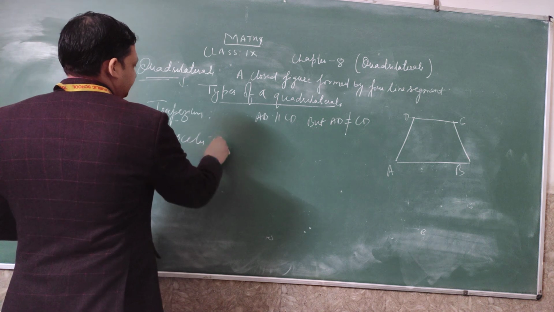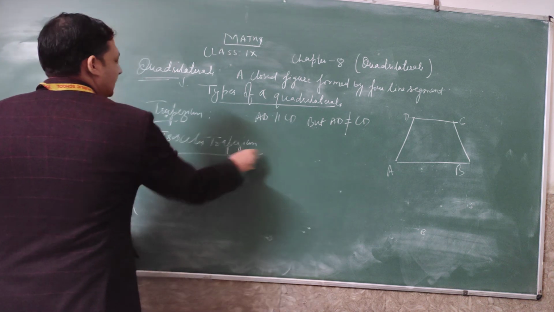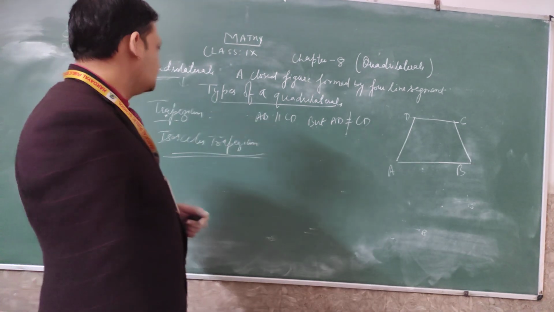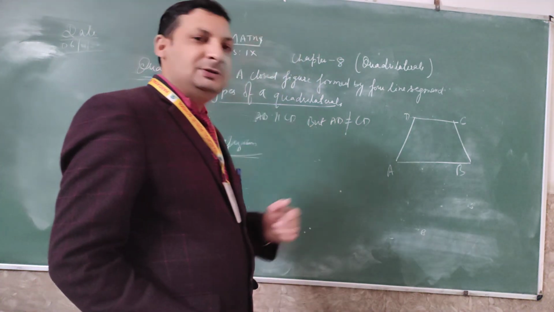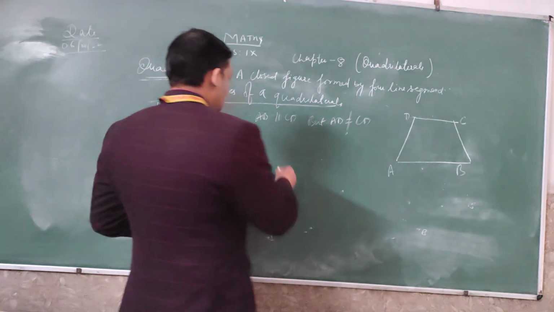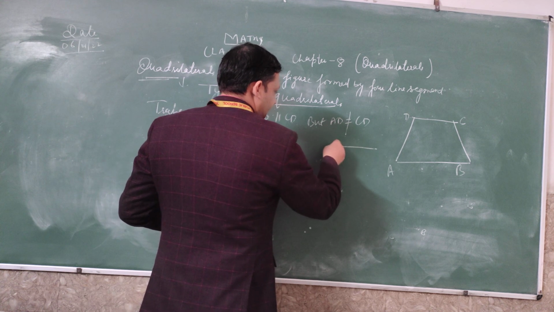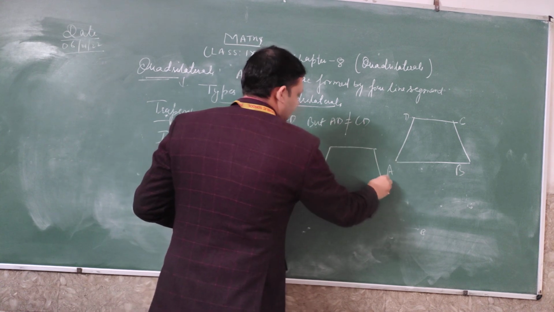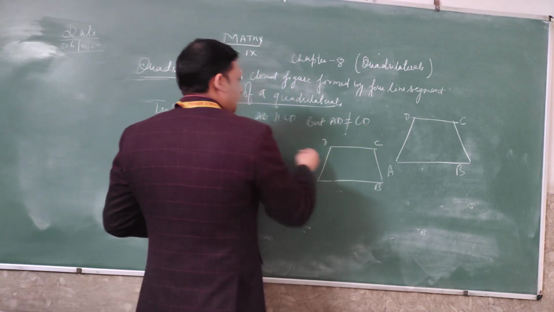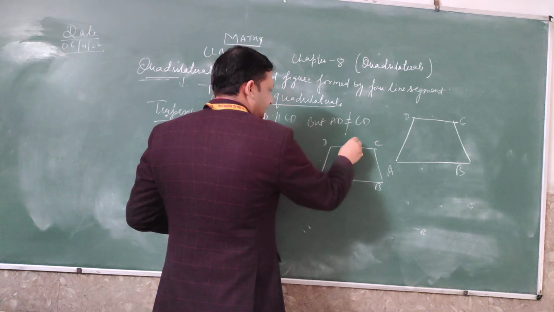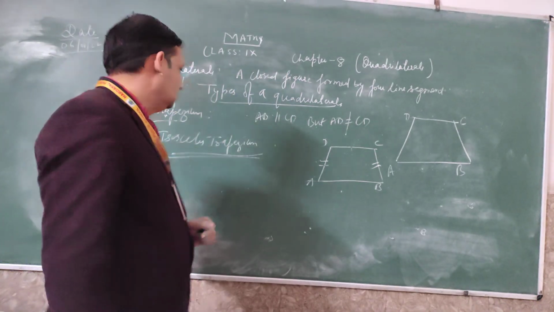Another name of trapezium is isosceles trapezium. It is also a type of quadrilateral. When we draw a figure like this, it is also called a trapezium, but non-parallel sides are equal.